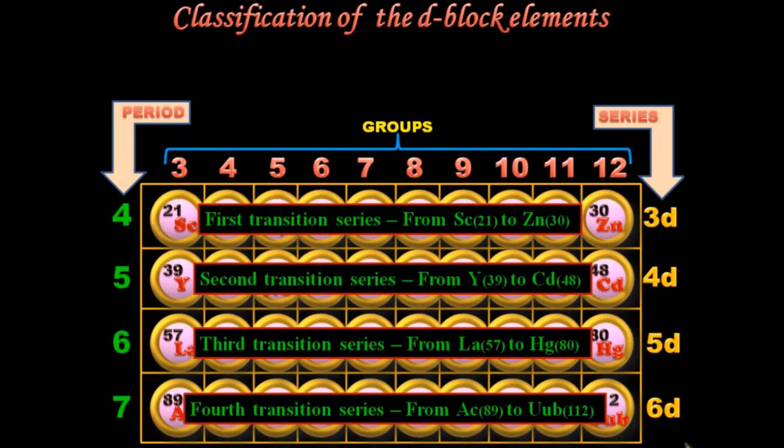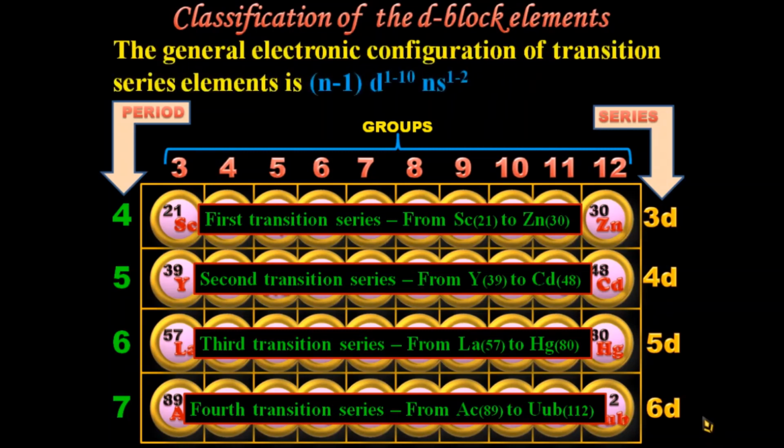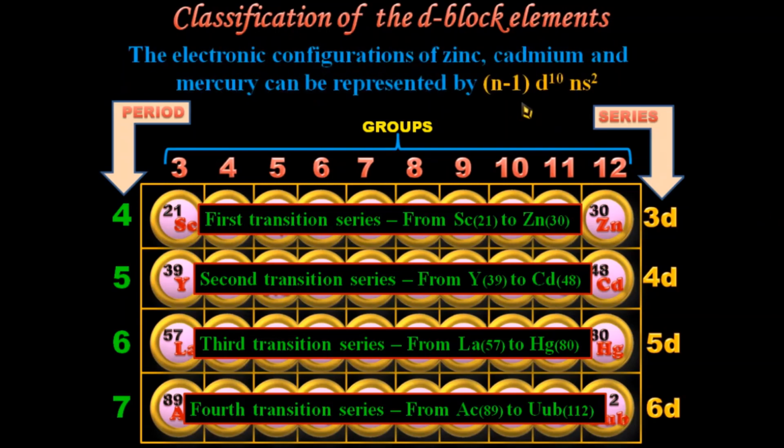The general electronic configuration of transition elements is (n-1)d1-10 ns1-2. It may be noted that the electronic configuration of zinc, cadmium and mercury can be represented by (n-1)d10 ns2.